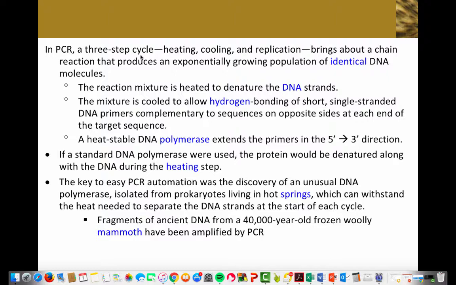So you're starting out with 2 pieces of DNA, right? Then you heat, which is going to make them separate. And then what you're going to do is cool. So basically, your small primers are going to attach.